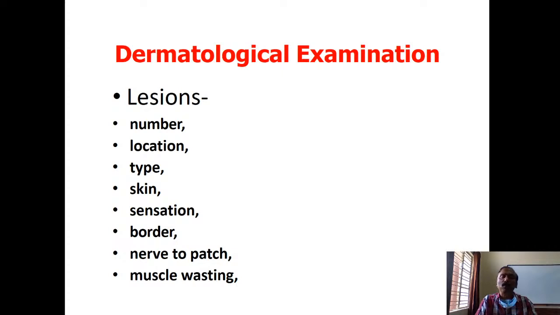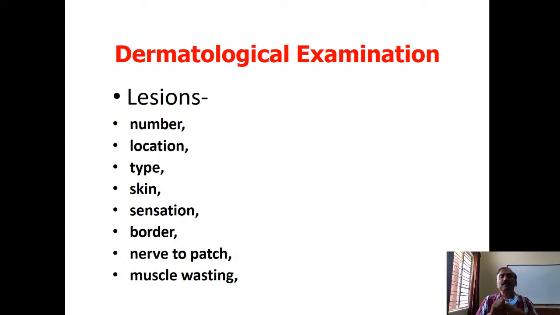It is there on the forearm, or is it there on the anterior portion of the tibial protrusion, or is it on the plantar aspect of the foot, or is it on the face? Which portion of the face? Exact location should be told.